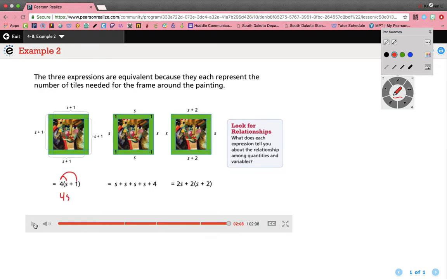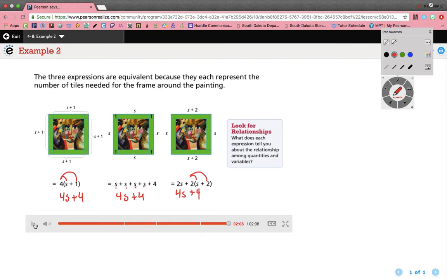That's going to be 4s plus 4. Okay, if we took this one, here are like terms, 1, 2, 3, 4. That's 4 s's plus 4. And this one, if we distribute that 2, we have 2s plus 2s is 4s, and 2 times 2 is 4. So for each of them, we get 4s plus 4.